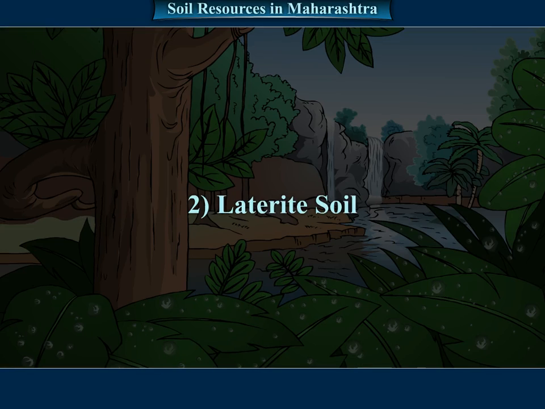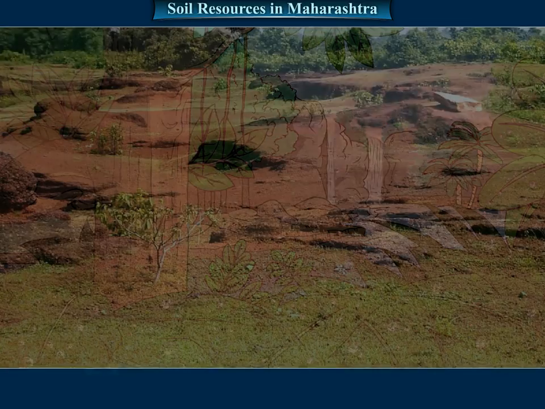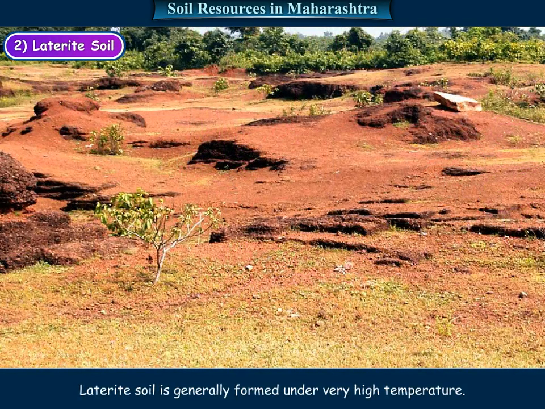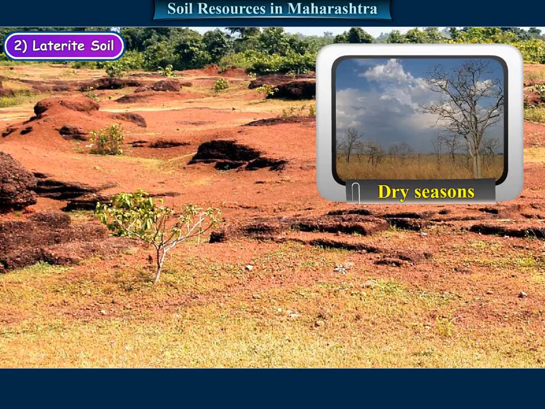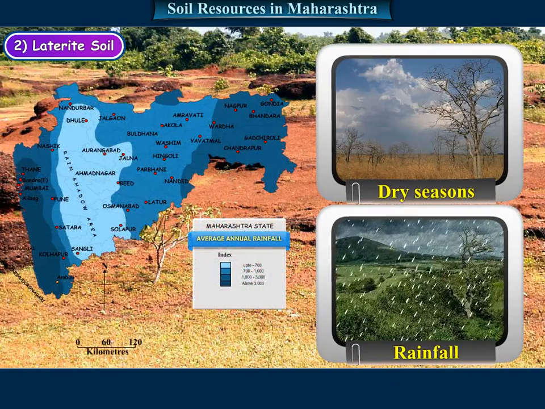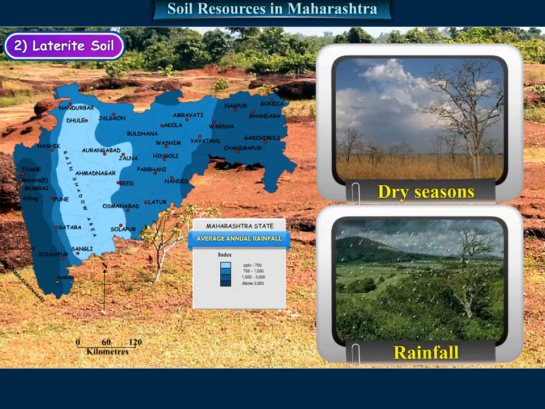2. Laterite soil. Laterite soil is generally formed under very high temperature. The laterite soils are particularly found in dry seasons in areas where rainfall is more than 2,000 centimeters.